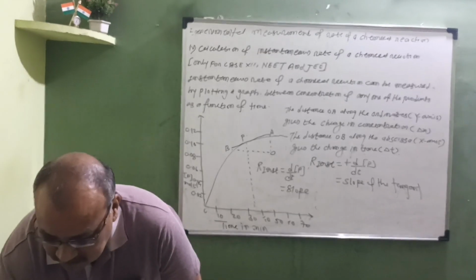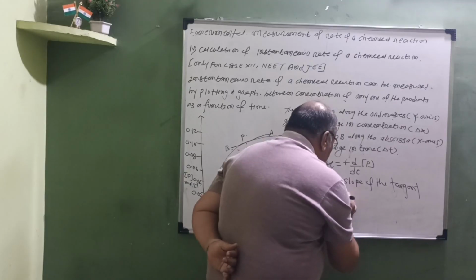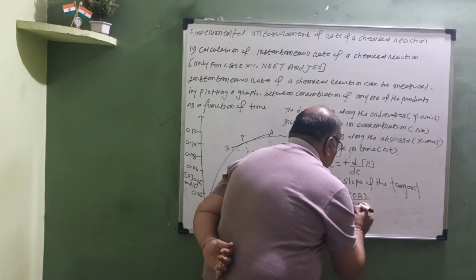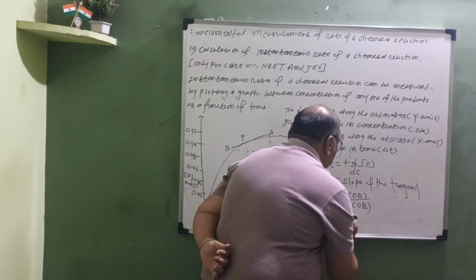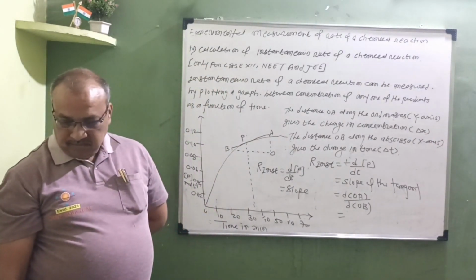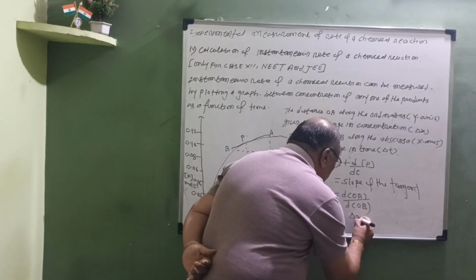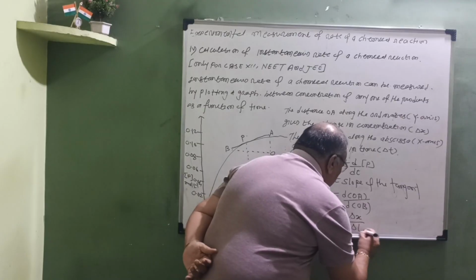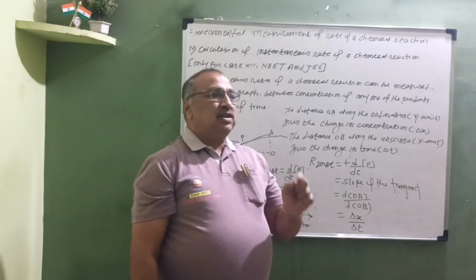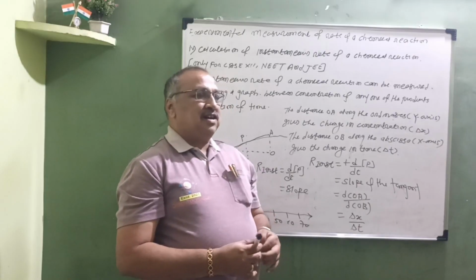That means OA upon OB, which is equal to delta x upon delta t. Now this is regarding the experimental measurement of rate of a chemical reaction.